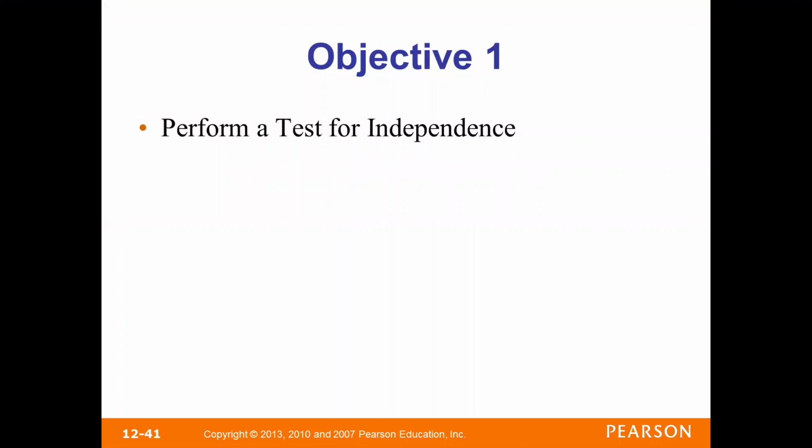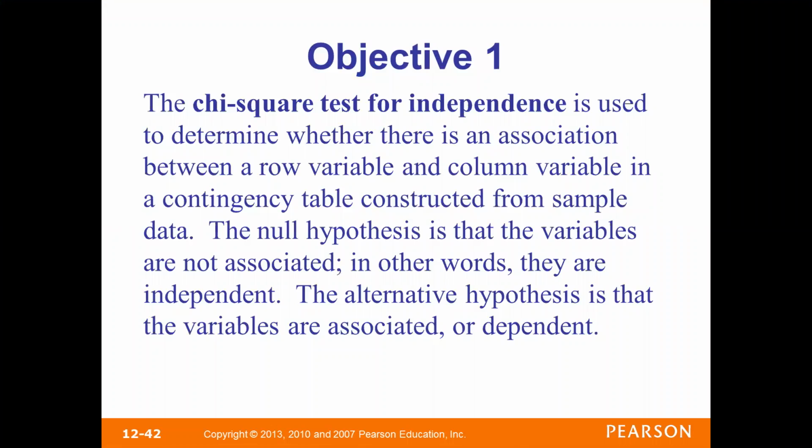So to perform a test for independence, we again use a chi-squared test. The chi-squared test for independence is used to determine whether there is an association between a row variable and column variable in a contingency table constructed from sample data. The null hypothesis is that the variables are not associated.